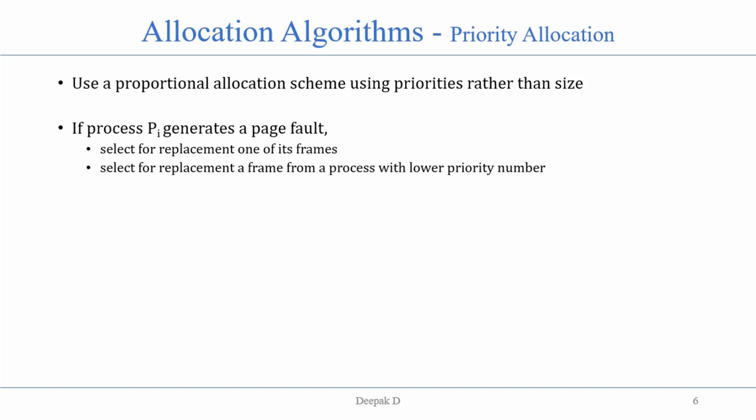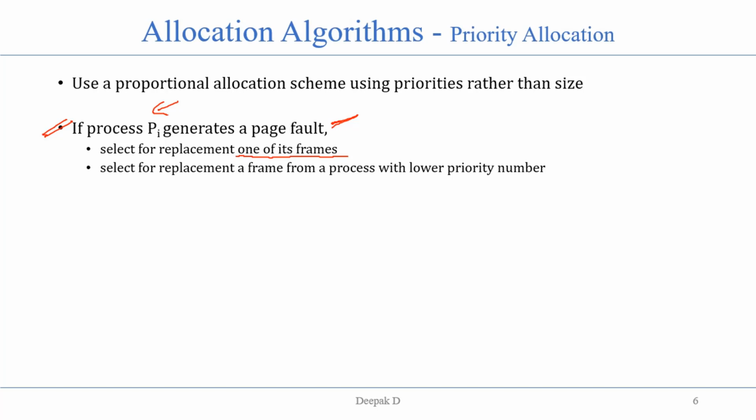priority. Assume that you have a process Pi which generates a page fault. How do you handle that? When the page fault occurs, you need to replace a page by selecting one of the frames which is available or which needs to be taken from the main memory.